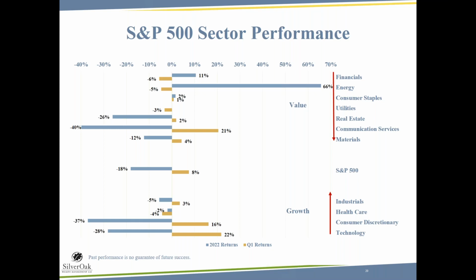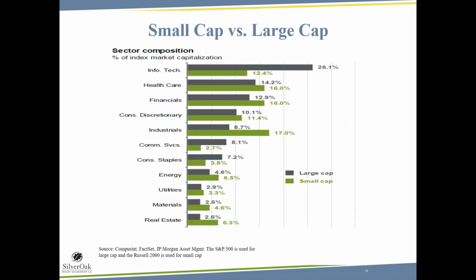So how about small cap versus large cap, the littler companies versus the bigger companies? Right, so small cap was not up as much in the first quarter as large cap. And again, that had a lot to do with the industries. When we look at technology, it makes up 26% of large cap versus 12% for small cap.